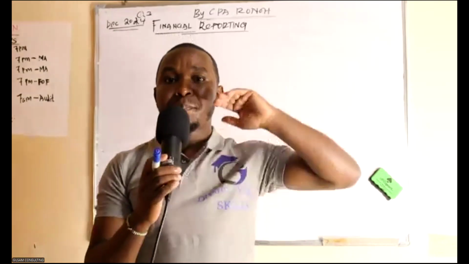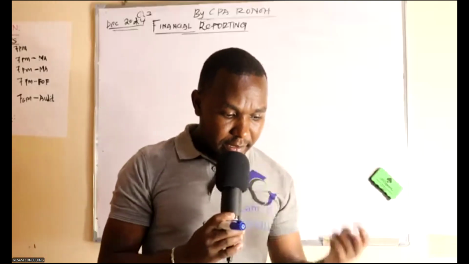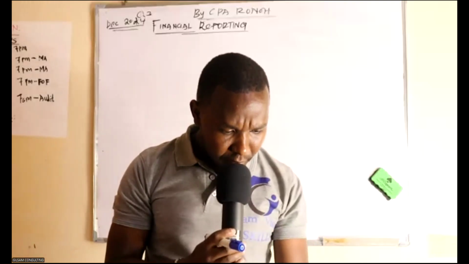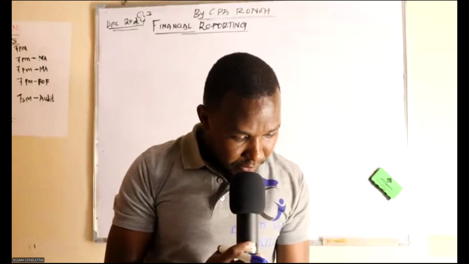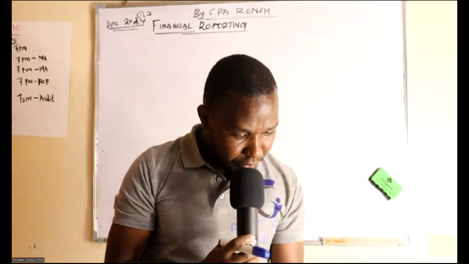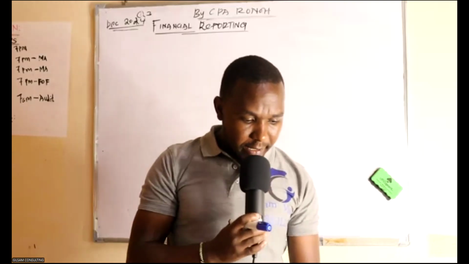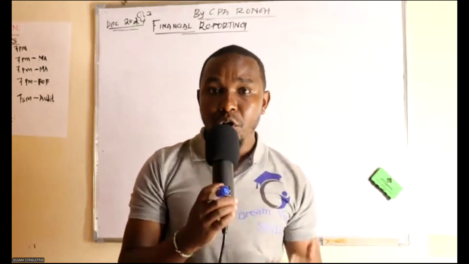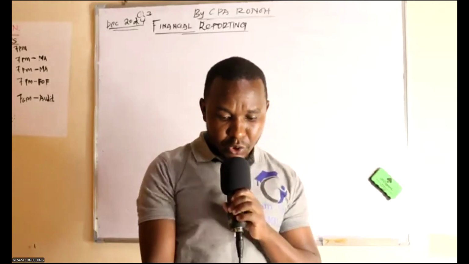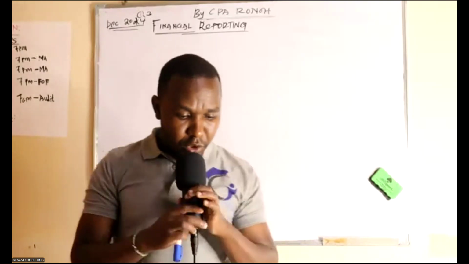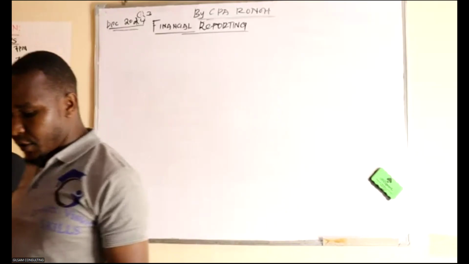It was there in the previous syllabus, but with the current syllabus, we don't have it. Also, discontinued operation was removed, so we don't have it here. And eventually the branches, and the last one is analyzing the financial statements, where we are going to use ratios to analyze the financial statements. So that's what you are going to cover in this financial reporting and analysis.